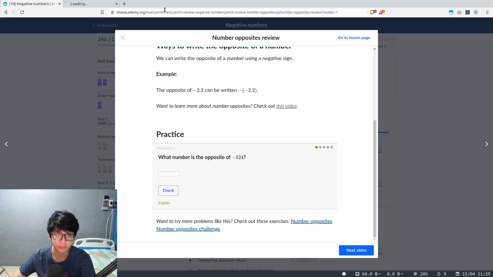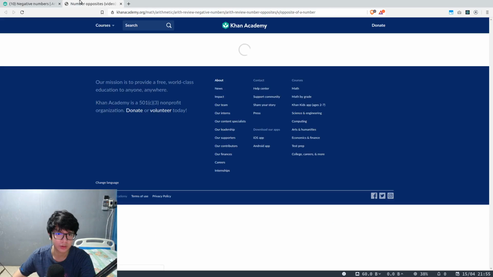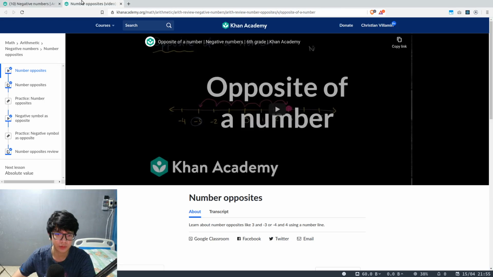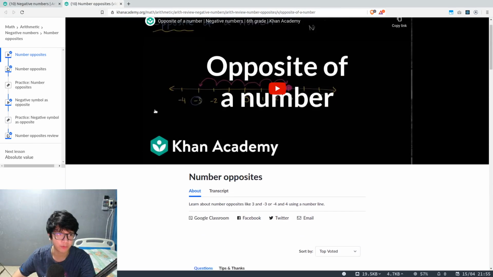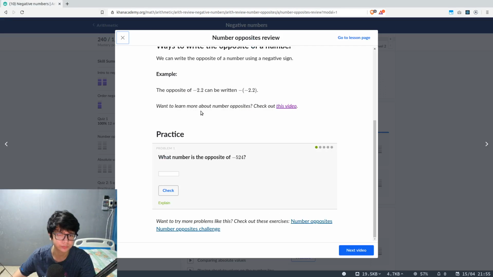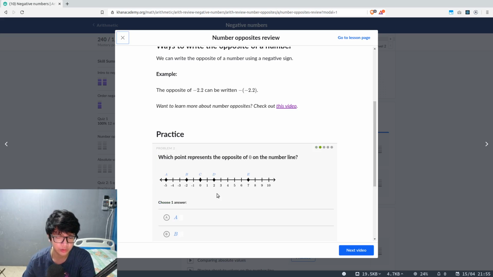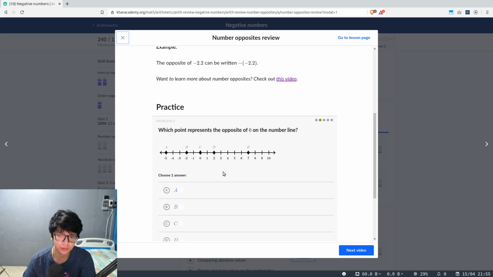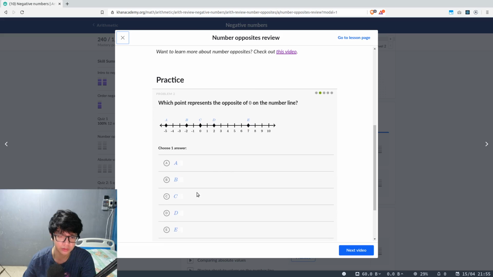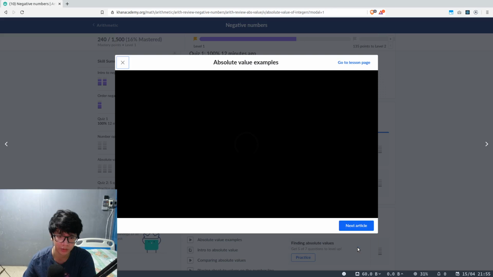What's this video? Yeah, I've watched this already. What's the opposite of 5? Negative 5. So 4 positive. Which represents the opposite of 0 on the number line? Wait, what? Opposite of 0? It's going to be still 0, right?